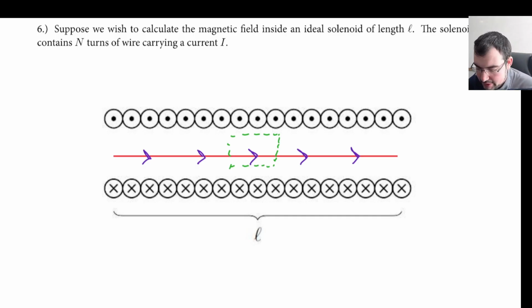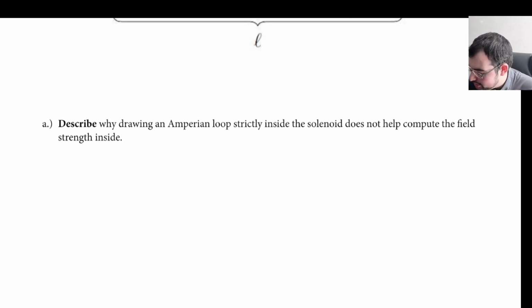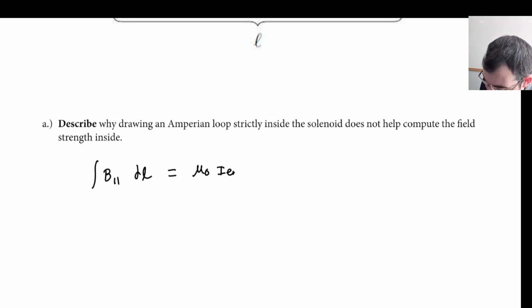Well, of course, if we think about it, why this rectangle doesn't help is because we know that the magnetic circulation is equal to mu naught times I enclosed.